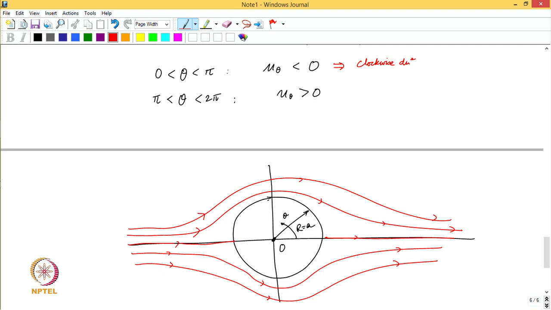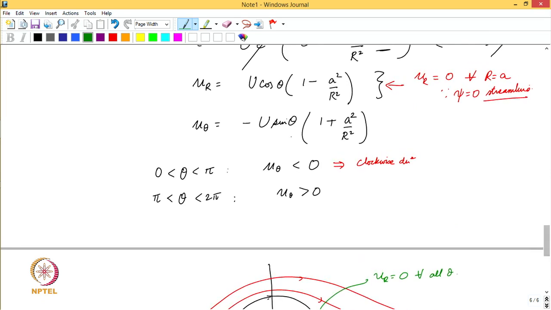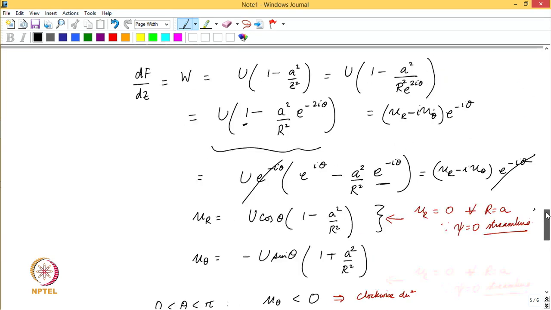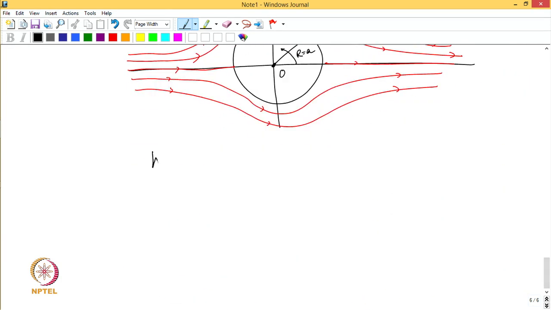More importantly, on this surface r equal to a, as I said, u_r is 0 for all theta, but we also see that u_theta can be 0 at two locations. So, when is u_theta also equal to 0? This will be when sin theta is 0, which implies theta is either 0 or pi.